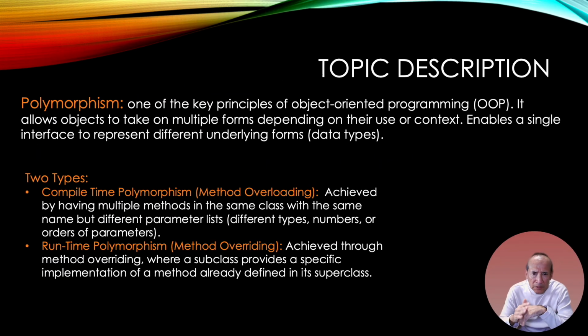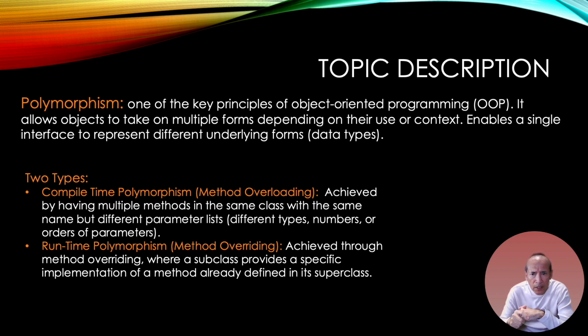Okay, let's be a little more specific on the polymorphism part. It's one of the key principles of OO programming. It's fundamental to the language and to the concept of OO programming. There are 2 types. We're going to focus mostly on the first one, which is compile time polymorphism, and then focus almost exclusively on runtime polymorphism on these slides.